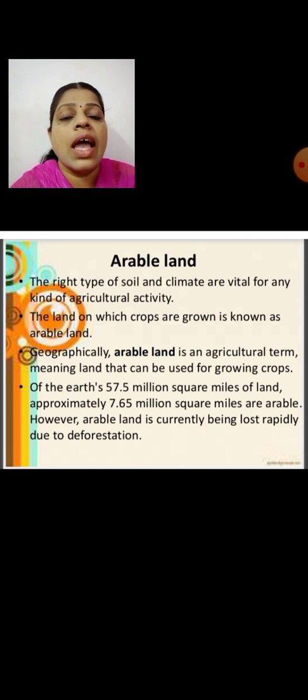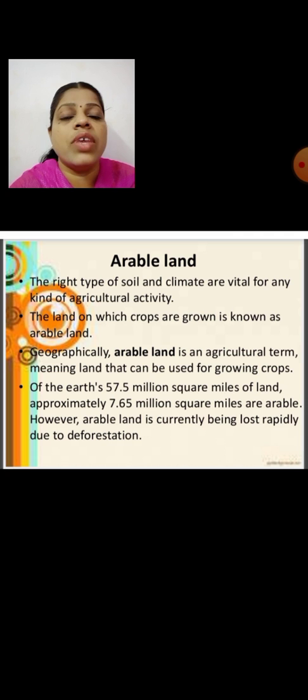Here, arable land means all the lands on which crops are grown. If the land is capable of producing some type of crops, we can call such lands arable lands. Of the earth's 57.5 million square miles of land, approximately 7.65 million square miles are arable.